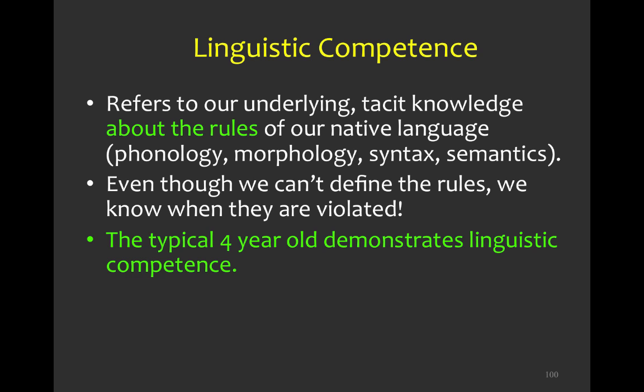And even though we can't define these rules, and you couldn't define these rules before the class, you still knew when a rule was violated or when it was used incorrectly. And the typical 4-year-old already demonstrates linguistic competence.